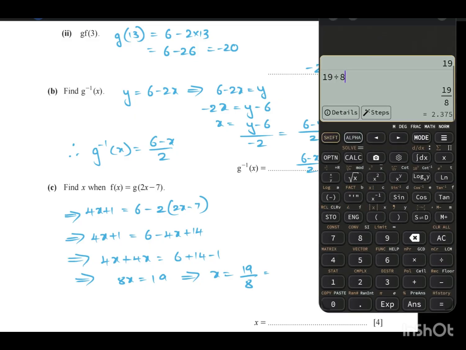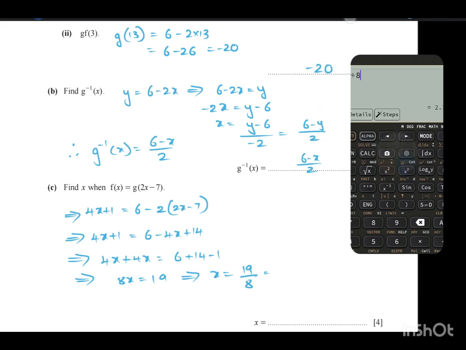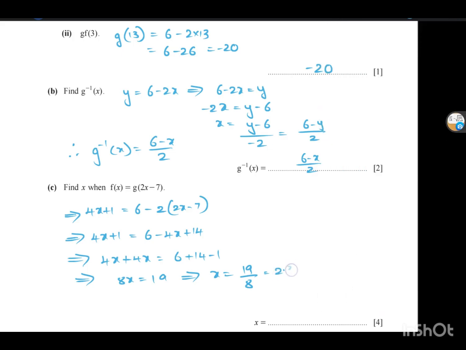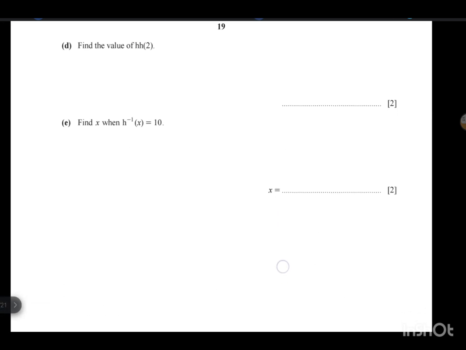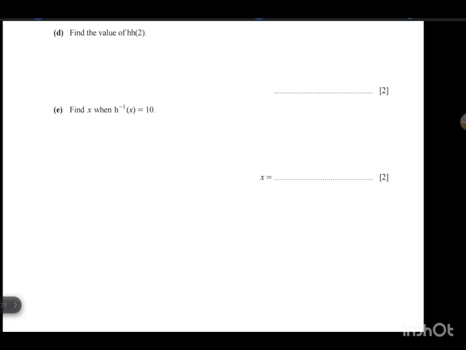Find out 19 divided by 8 is 2.375. This is the answer. Question number D and E. Find the value of h of h of 2.